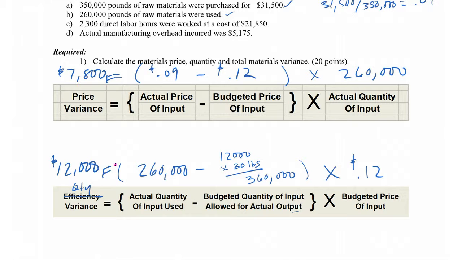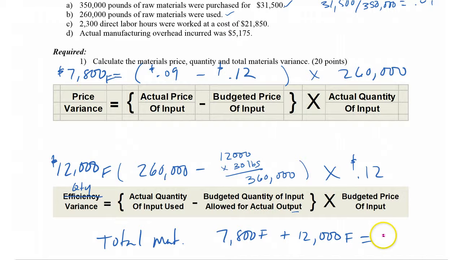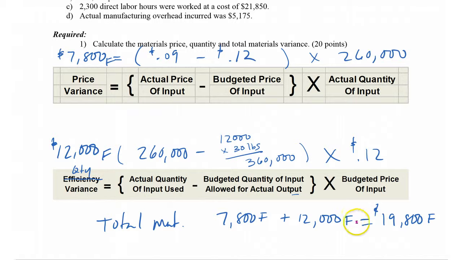So then the total materials variance is the two added together, right? So a 7,800 favorable price variance plus a 12,000 favorable quantity variance gives us a total favorable variance, and make sure you're showing your work, of 19,800.